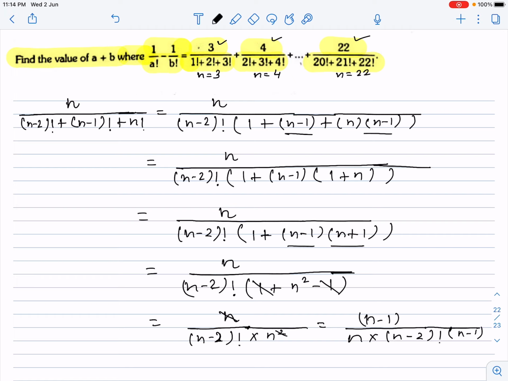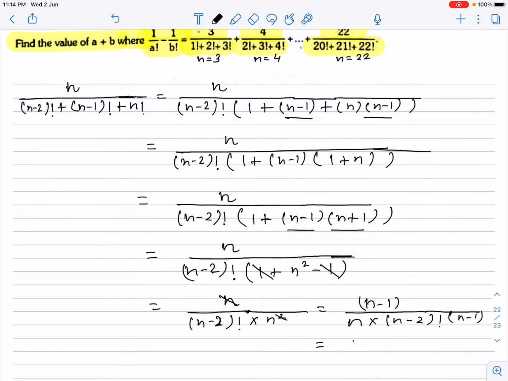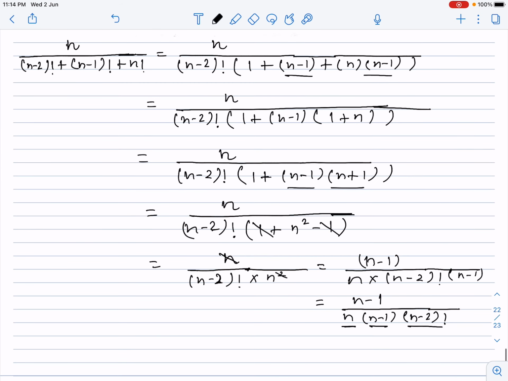Now let's see what is written by me. Simplifying it further, it can be written by me n minus 1 divided by n into n minus 1 into n minus 2. So this is n into n minus 1 into n minus 2, that means n factorial it will be becoming. So further simplification will be giving me n minus 1 divided by n factorial.